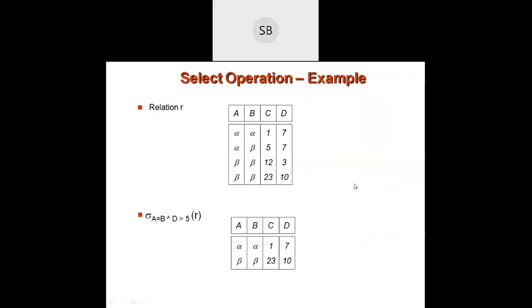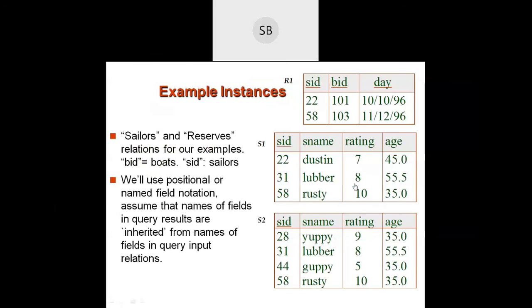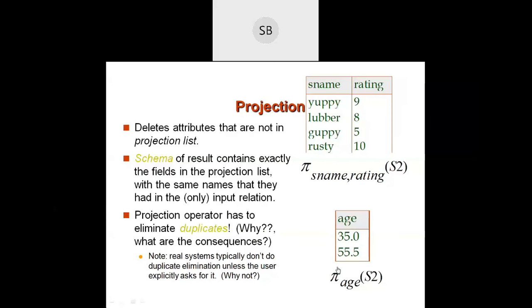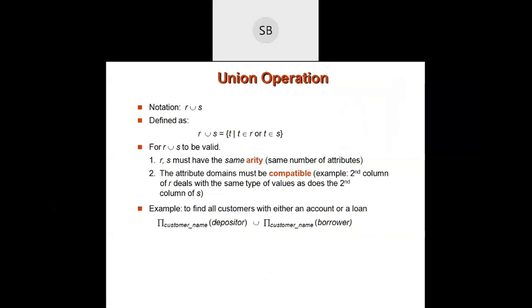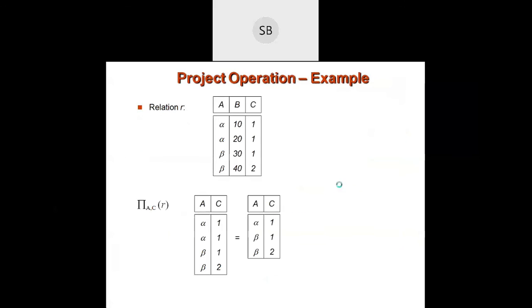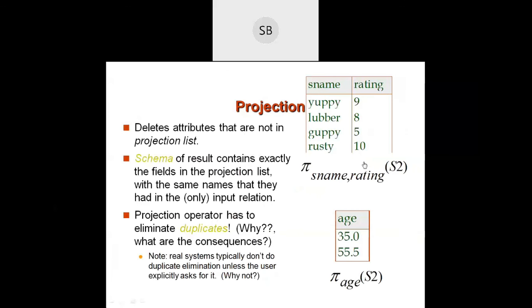In the previous example, this is S2 with the columns SID, sname, rating and age. Only two columns are displayed for the pi operation. You have to display the sname and rating.